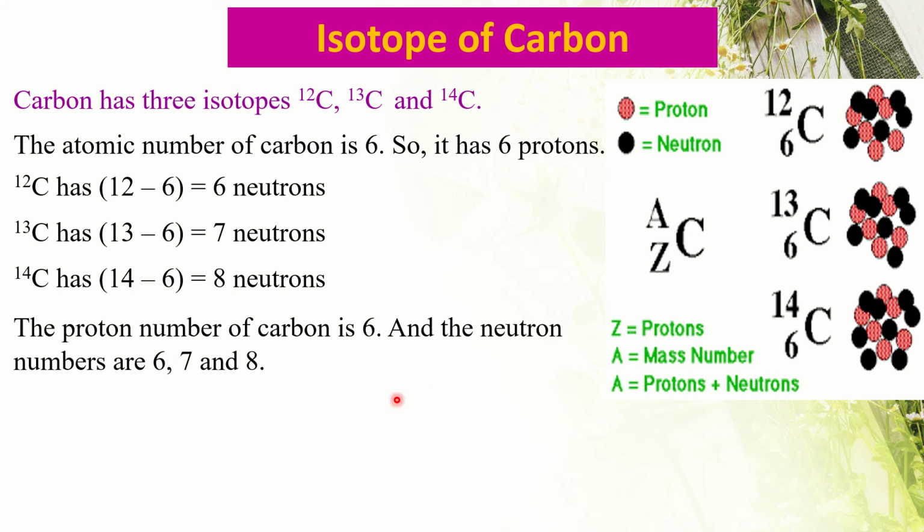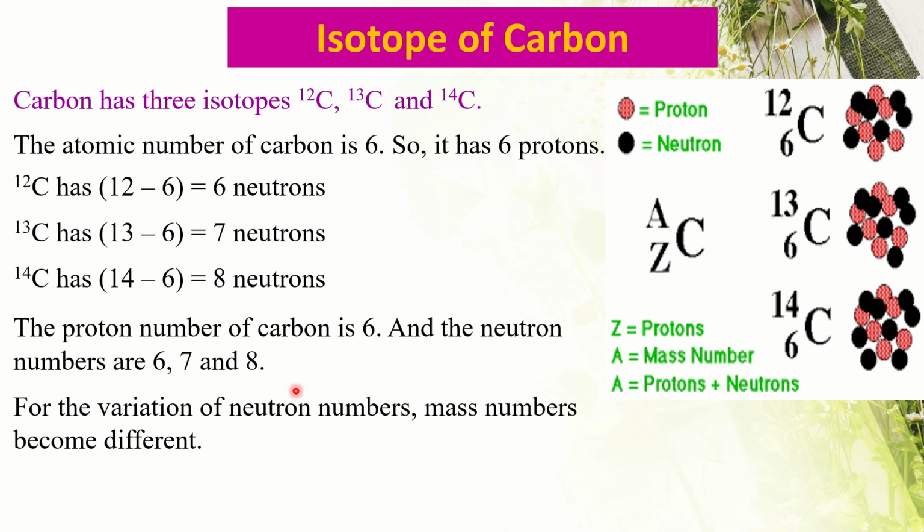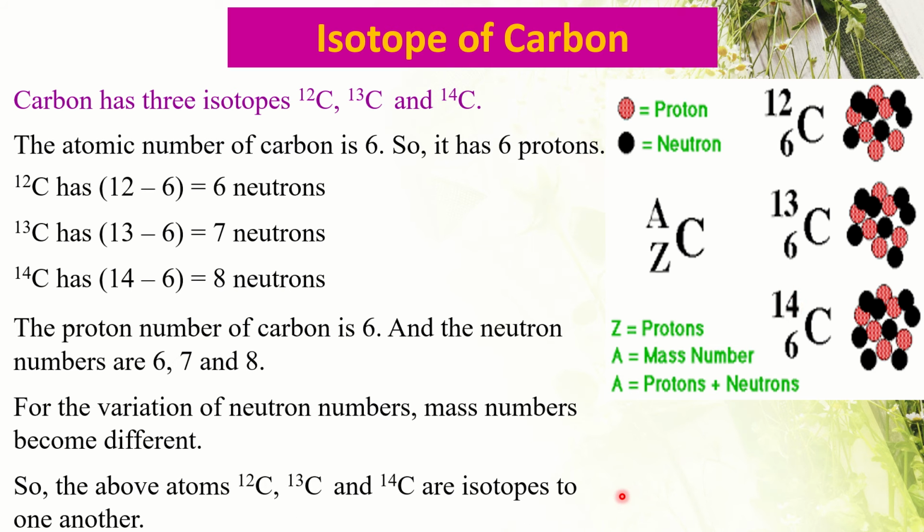So we can tell that variation of this neutron number makes the mass number different. So this variation of neutron number is responsible for making isotopes. And for this reason these 3 are isotopes to one another.